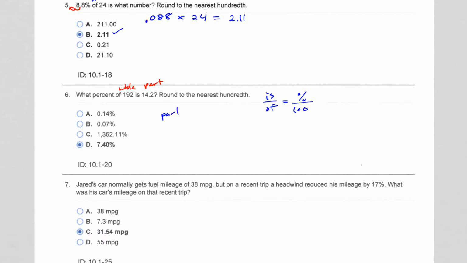So we can just do part over whole, which is just 14.2 divided by 192. And that's going to give us 0.0740. And then we just move it 2 places to the right to get the percentage, and there it is.